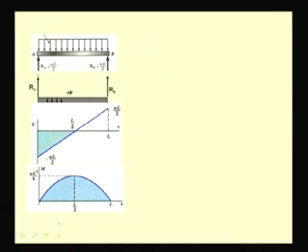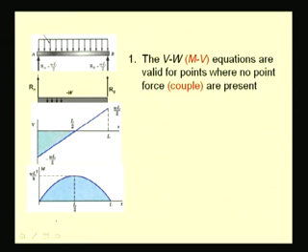Certain other things that we can note from these shear force and bending moment diagrams are that these equations are obviously valid for points where we do not have any concentrated loads or concentrated couples, because there we will have a discontinuity and we cannot use these differential relations.